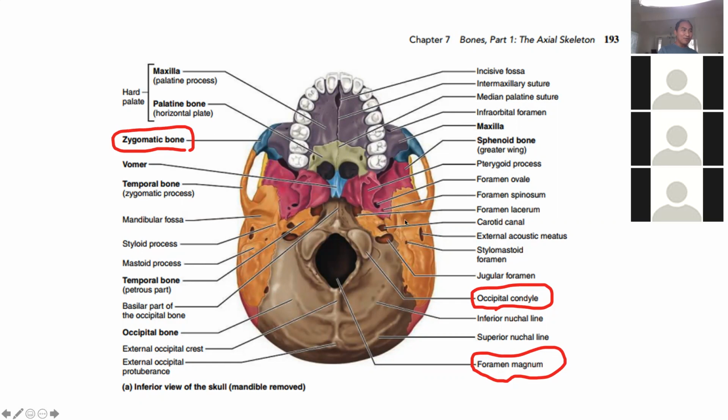The temporal bone you can still see. The inner portion is really hard, the petrous portion, while the portion close to the parietal bone is thin, the squamous temporal bone. You can see the jugular foramen here, close to the occipital condyle.